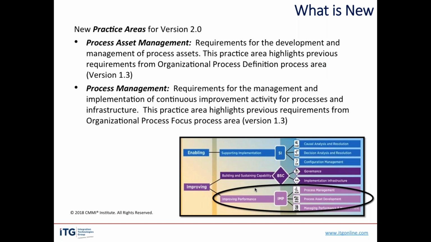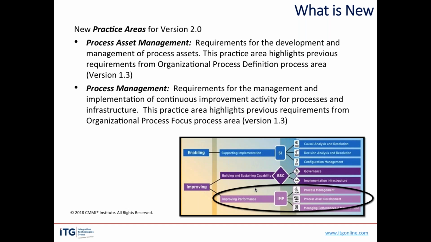Two other new practice areas are process asset management and process management. These really just boil down to how you go about the development of process, how you manage process assets, and how we implement and continuously improve.